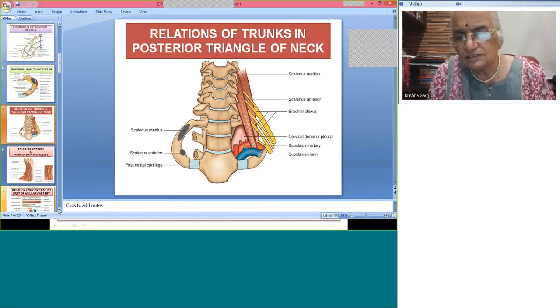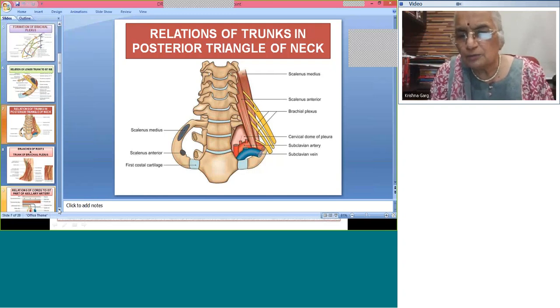And related to these is the subclavian artery, which is lying behind the scalenus anterior muscle, and scalenus anterior divides this artery into 3 parts. First part medial to the muscle, second part behind the muscle, and third part lateral to the muscle.